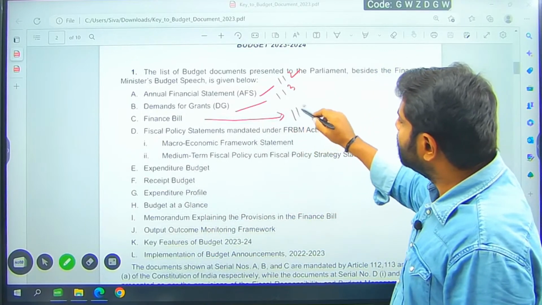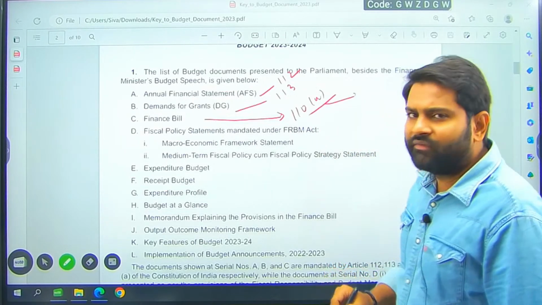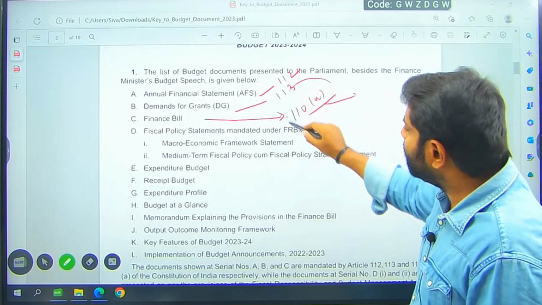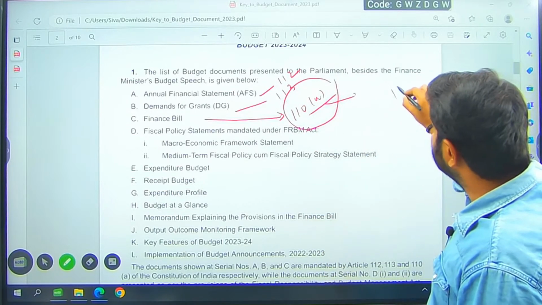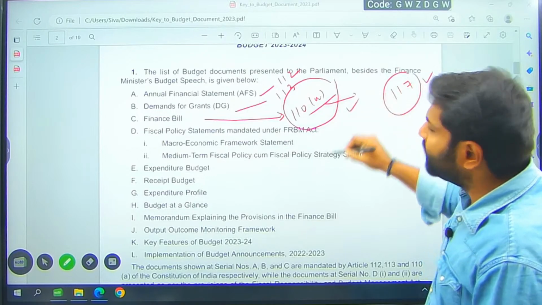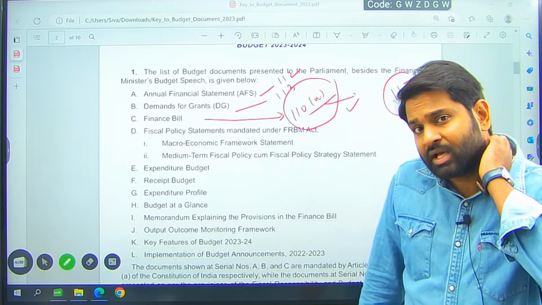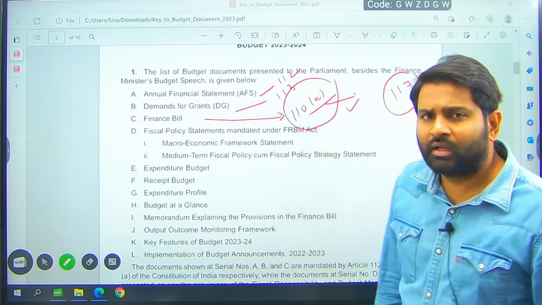Finance bill, 110(1)(a), not completely finance bill. We are talking about taxation. In polity, we have extra articles about financial bills in Article 117. In 110, especially we are talking about money bills, especially regarding taxation, we are talking about 110(1)(e).